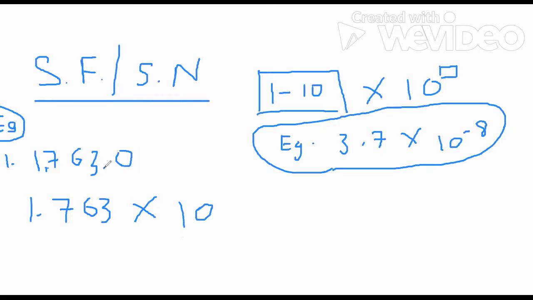Sorry to stop you, sir, but I don't really understand the 1 and the 10. What I understand is the place value: 3 is the 1, 6 is the value of 10, 7 is the value of 100.